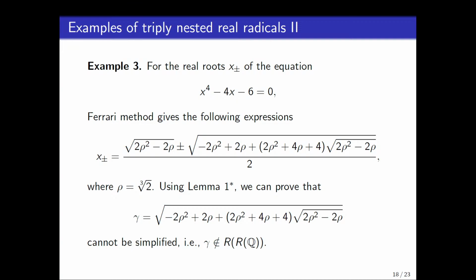And again, using lemma 1 or 1 star, we can show that this radical gamma cannot be simplified over R of Q. The proof is constructive, showing that it is impossible to decrease the nesting depth.